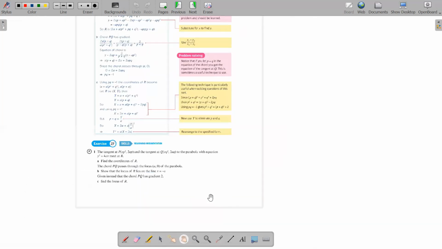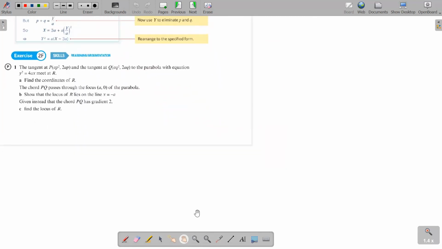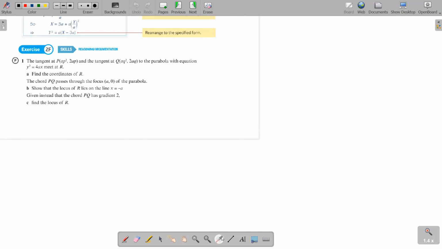So you can derive them and use them. What we'll do now is go for the sums where we derive the locus. Let's see what a locus is. First of all, a locus means a path of points. For example, in the case of the parabola, do you remember how the locus was defined?